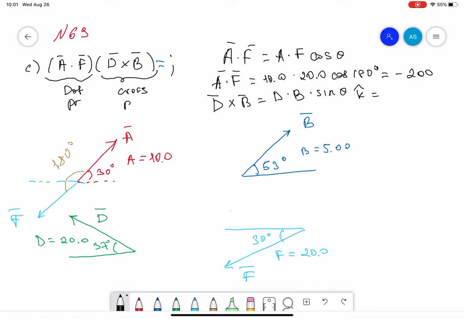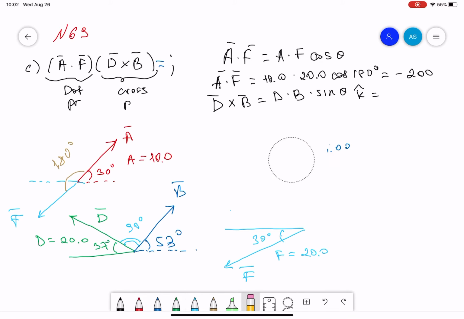Now let's bring together the D and B vectors. What is our D vector? The D vector is here, and the B vector is there. Let me join these two vectors. The angle is 53, and obviously you know that this angle becomes 90 degrees.